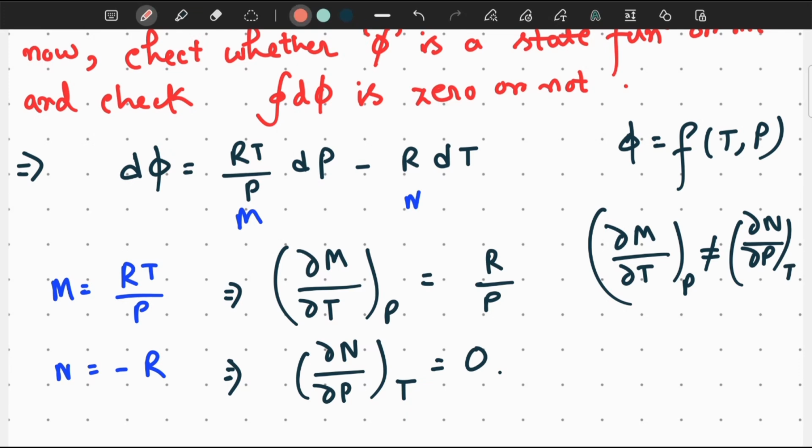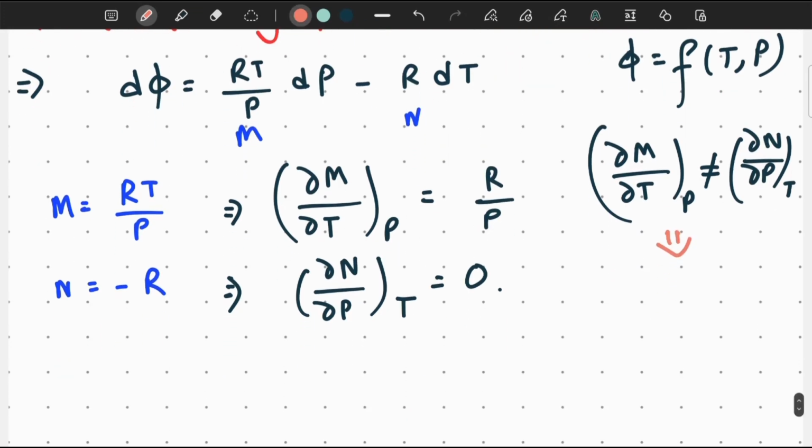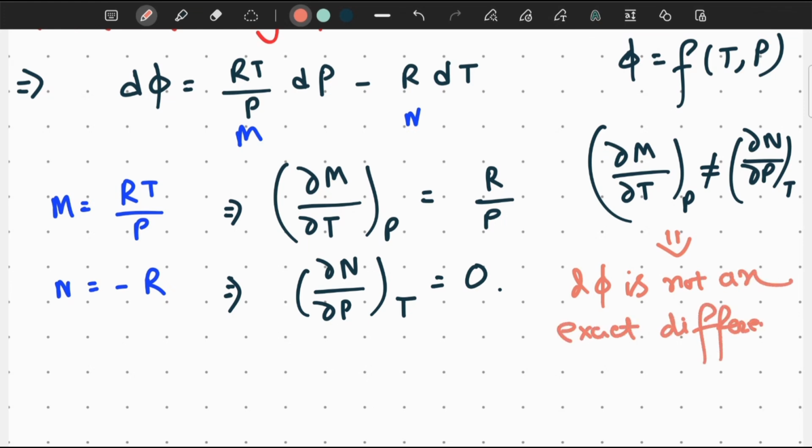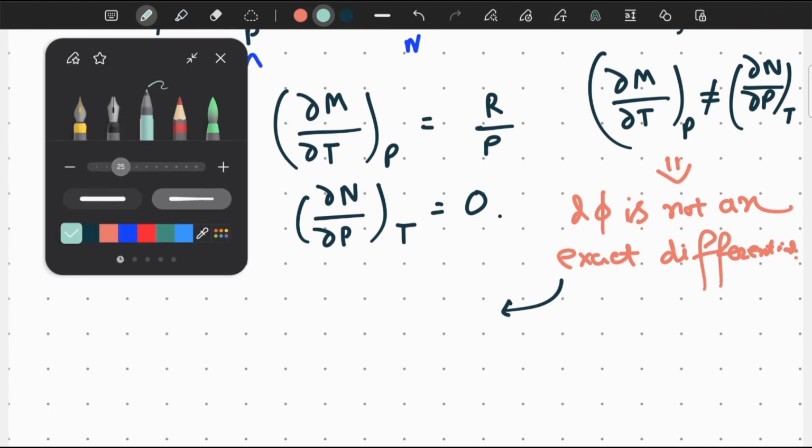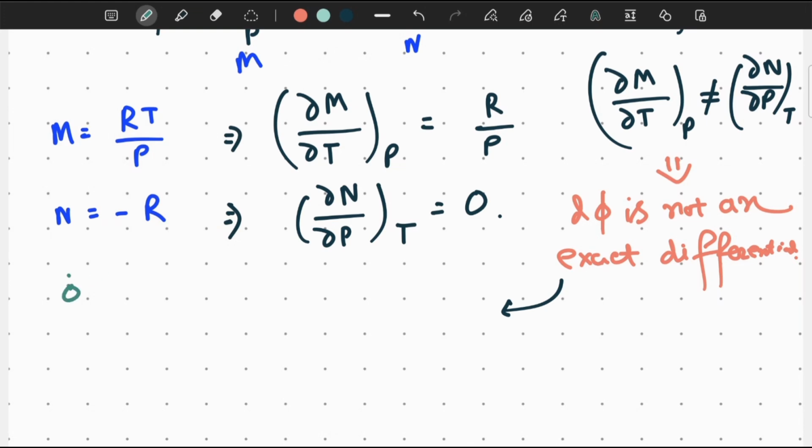Therefore what you can conclude from here is that d phi is not an exact differential. Okay, so therefore phi is not a state function.